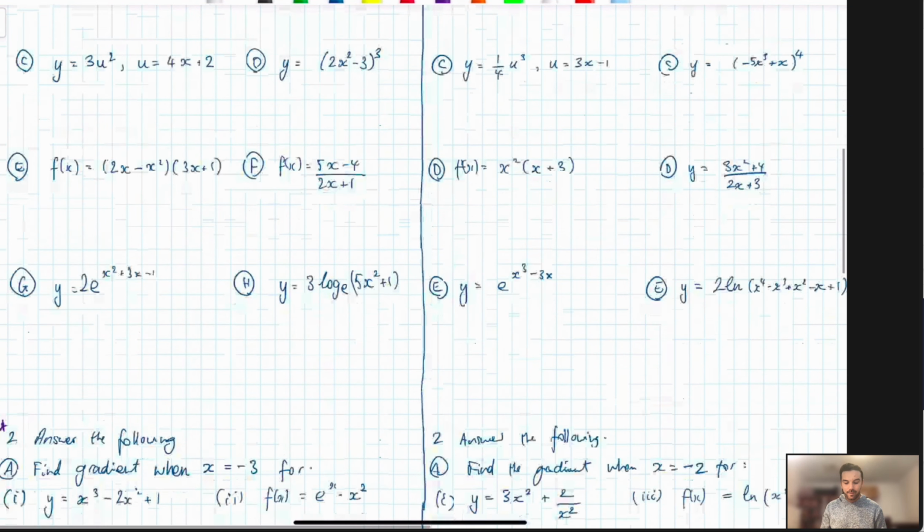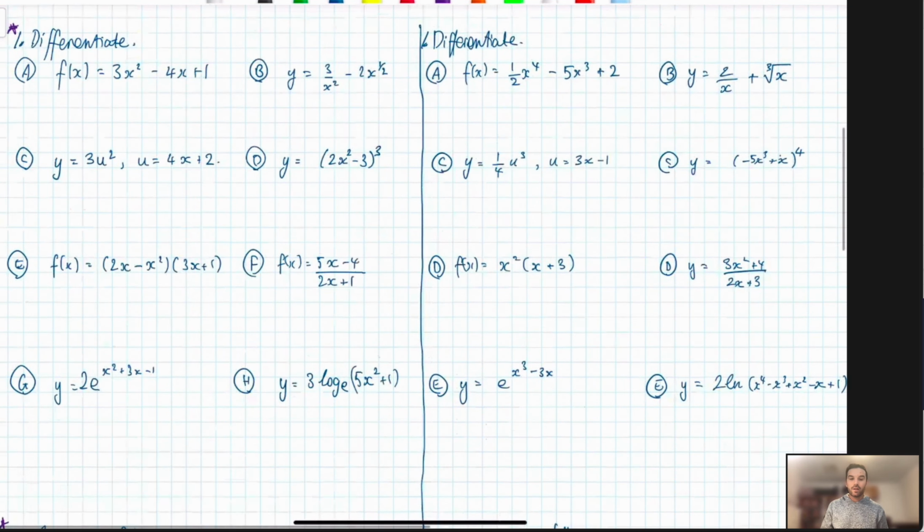So here we go. Let's differentiate some functions using the stuff that we learned before. Okay, now I'll go on green. This one here, f dash x, is a polynomial, so it becomes 6x take 4. The next one, you want to rewrite, I was meant to write that as a square root symbol, pretend it was.